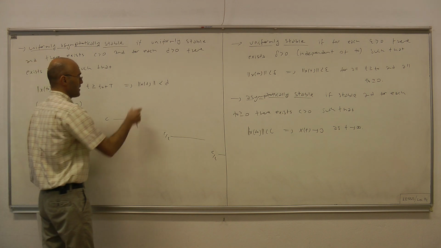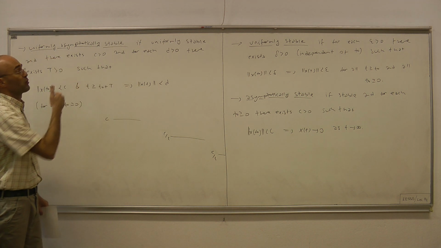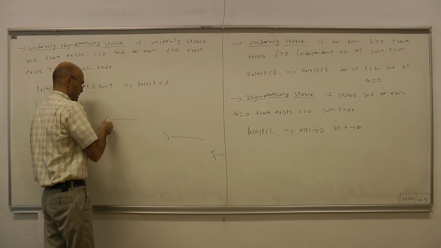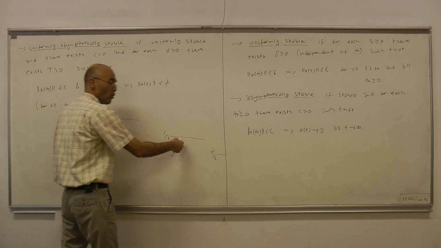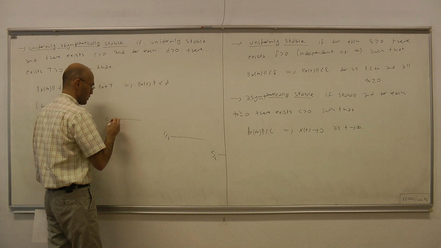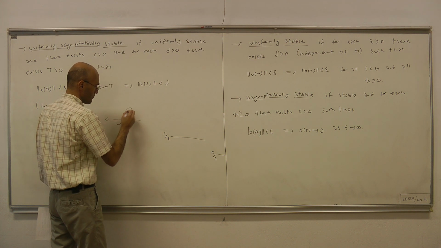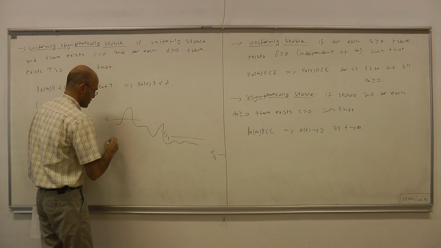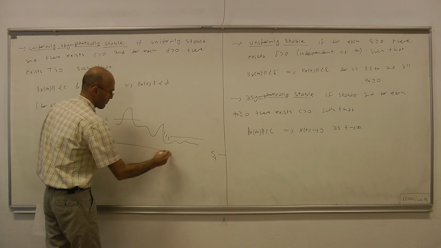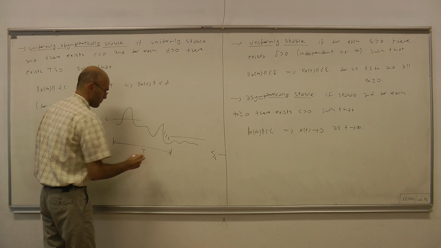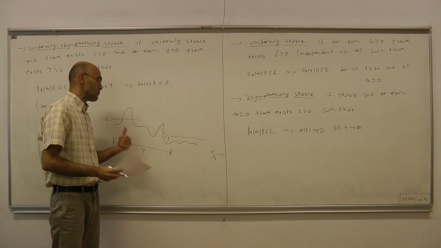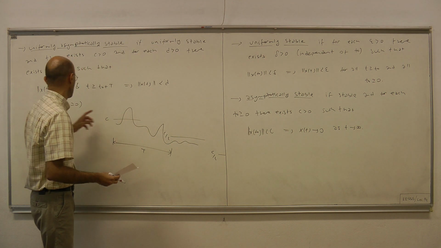Uniform asymptotic stability requires that starting from below c to go to below c over 2, there will be some time required, and that time should always work for all initial times t0.